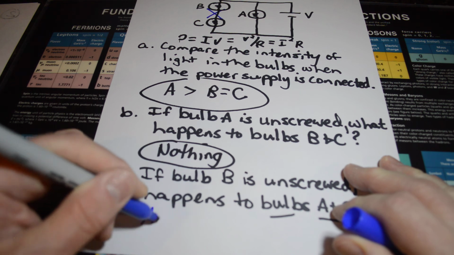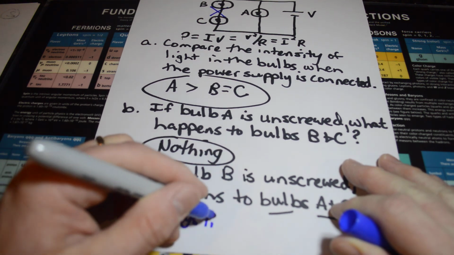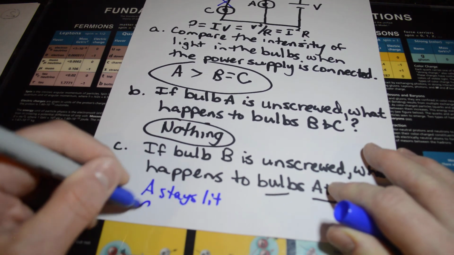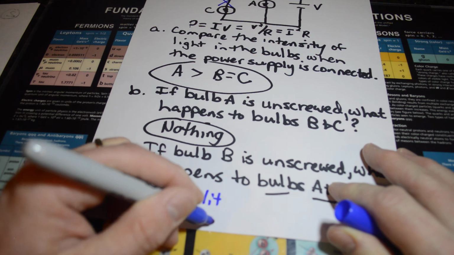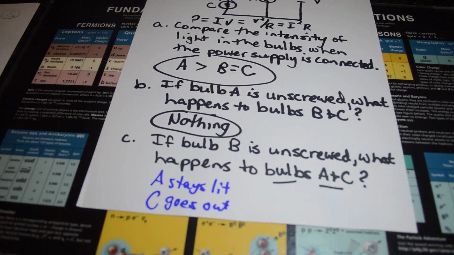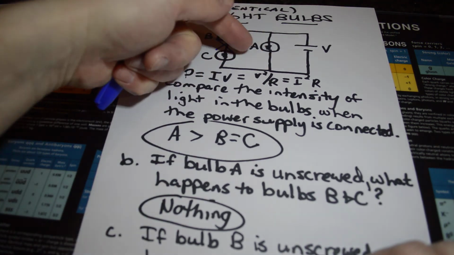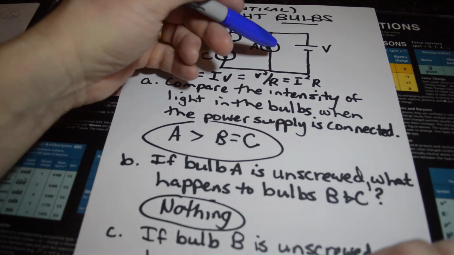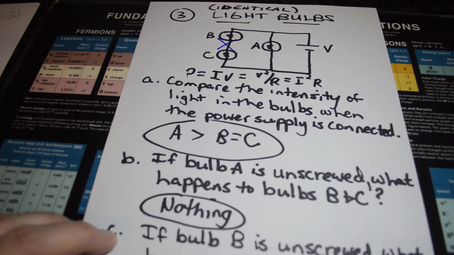So A will stay the same intensity, but C would have to go out. Again, because of the fact that they're in parallel, that doesn't take away anything from A, but since there is no current through C, there should be no lighting or no intensity. Okay, hope that makes sense.